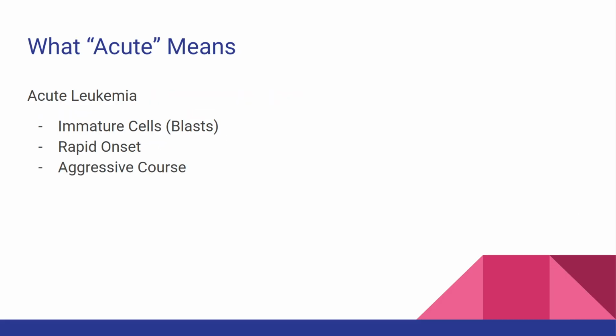So what does acute mean? The acute refers to the presence of immature precursor cells, also known as blasts, right? And acute leukemias, because they're so immature, progress rapidly compared to chronic leukemias, in which mature cells are involved and they have a slower course.